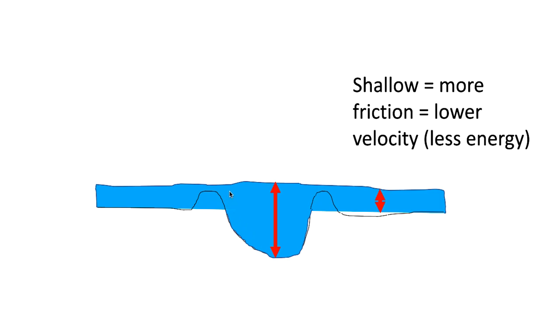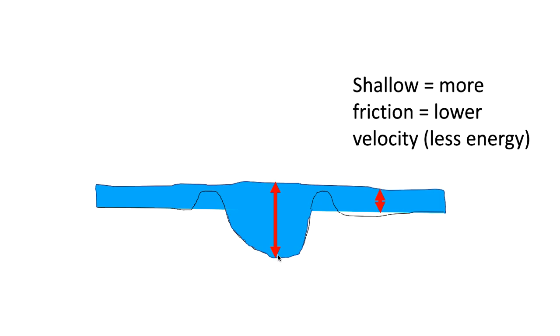When a river is flowing in the channel, here's the channel, the channel is quite deep. That means there's very little friction between the water and the river banks at the side of the river and the river bed at the bottom of the river. So we can see this red arrow here shows that the river channel is deep.